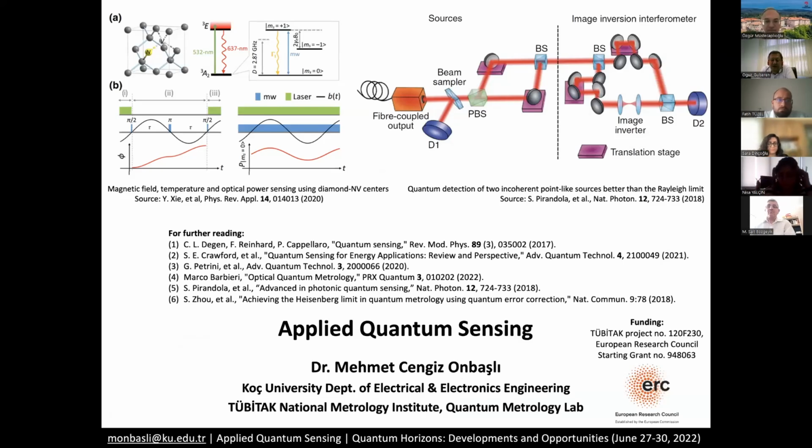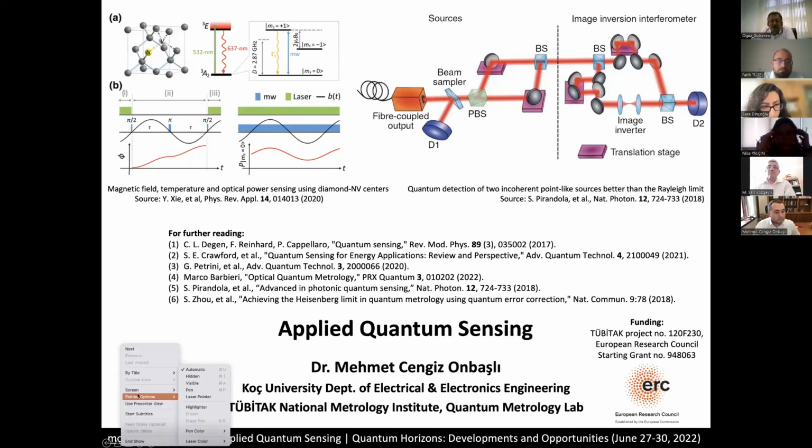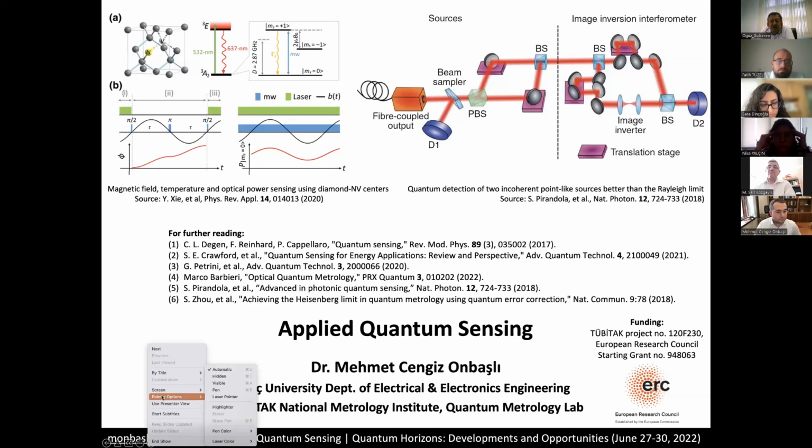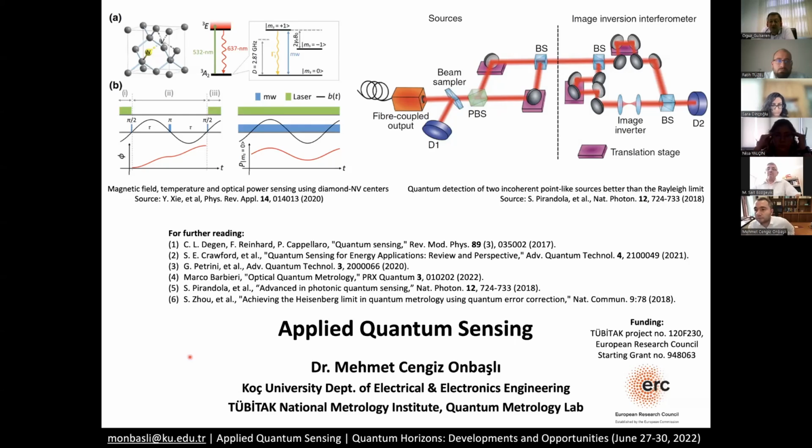Then he has a short period of work over there. Then he joined Koç University. He's currently interested in the fabrication of magnetic films and devices, sensors, electronic microprocessors, and telecommunication components. Today, he will talk about advanced quantum sensing, applied quantum sensing.